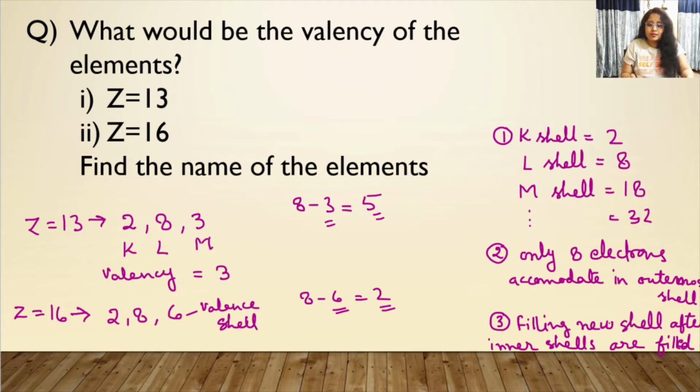So we can say the valency of the element with Z equal to 16 should be 2. Close in the box.